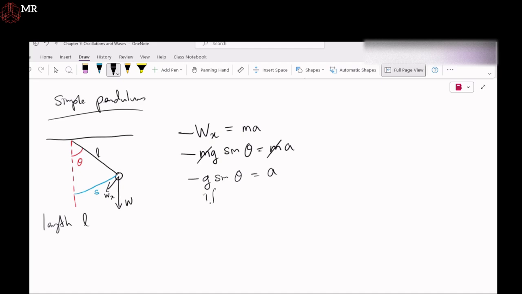Now, if theta is very, very small, then my sine theta is going to be approximately theta.